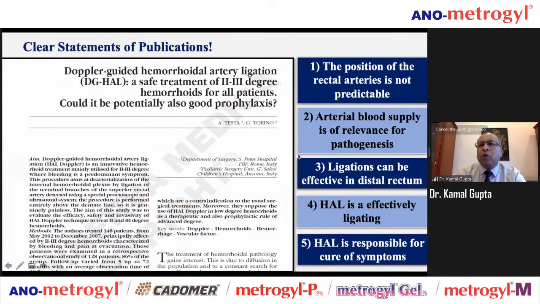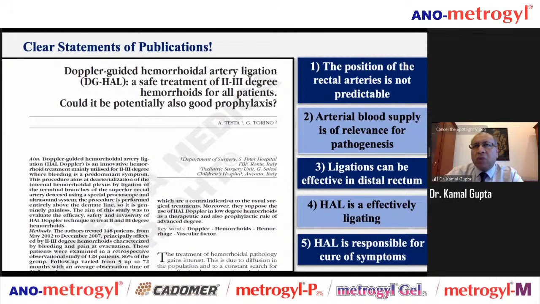So what do we get once we go for HAL? What are the advantages? Just remember a few basic things. The position of the rectal artery is not predictable. Arterial blood supply is of relevance for the pathogenesis of hemorrhoids.